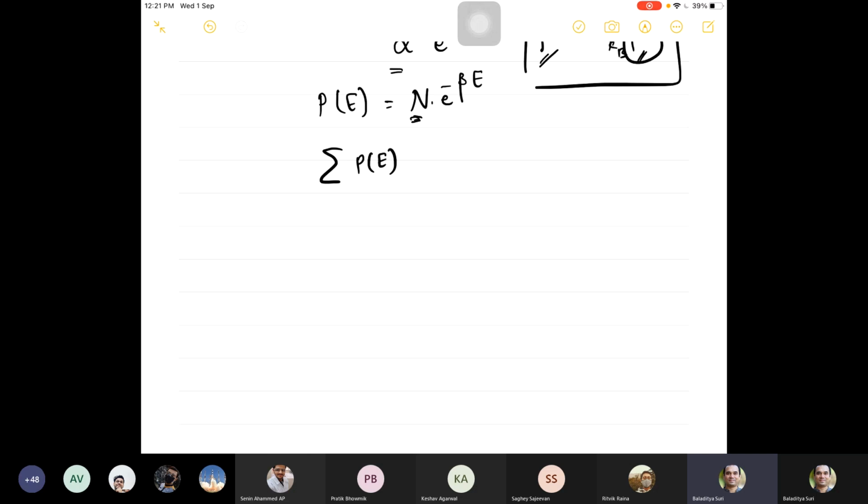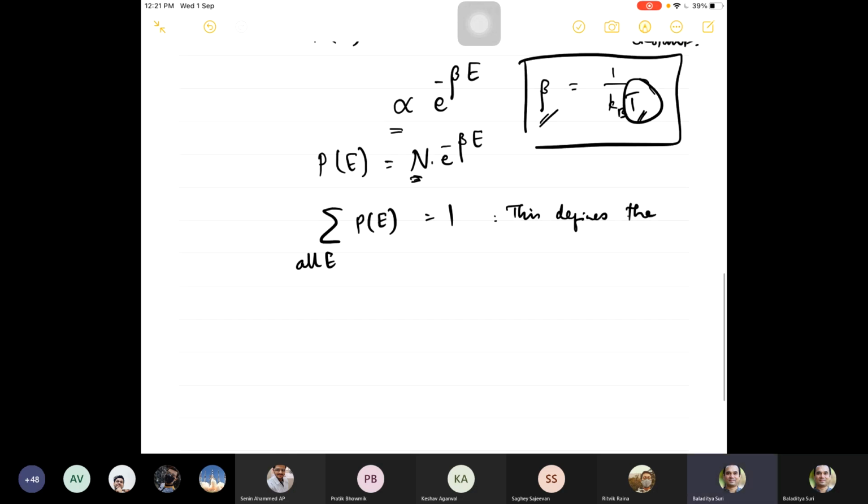So if you take all the possible values of energy of the system, then that should be equal to 1, and that defines the normalization N. This is the most general definition of N.